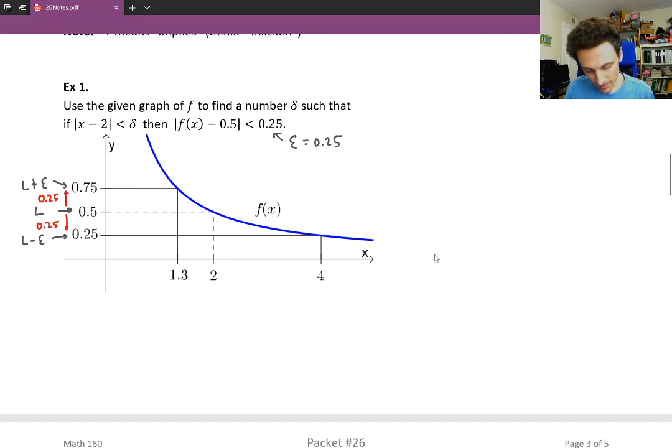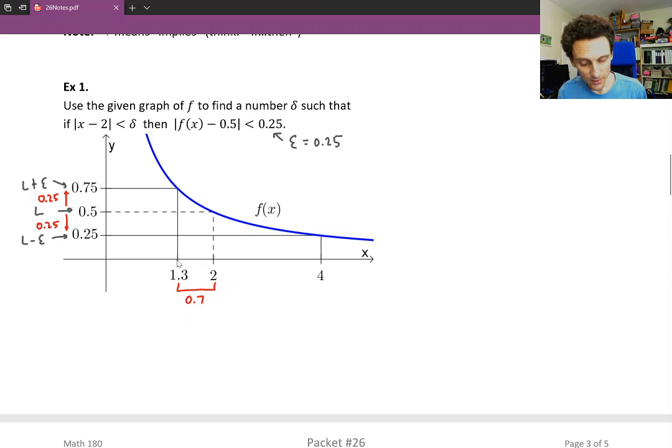Well, if we're thinking about x values going off to the left here, we've got a distance between 2 and 1.3. That distance there is 0.7. And as long as we don't stray farther than 0.7 to the left, all of those x values are going to fall within that epsilon tube, right?